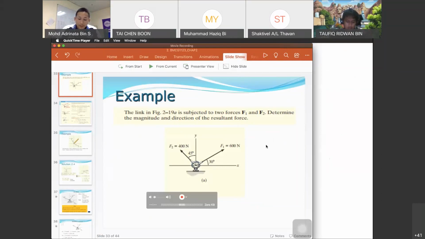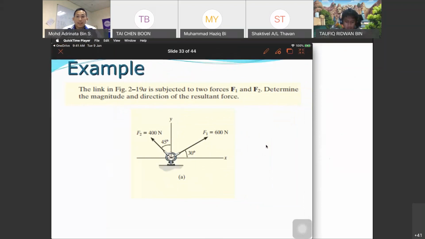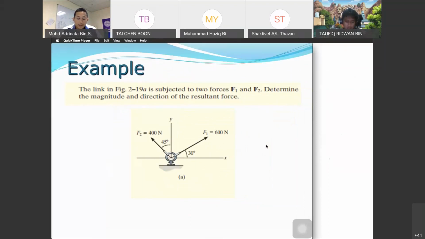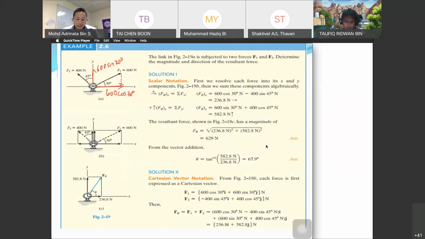Okay, so this is the example. Determine the magnitude and direction of the resultant force. So what you need to do is there are two types or two strategies that you can do.